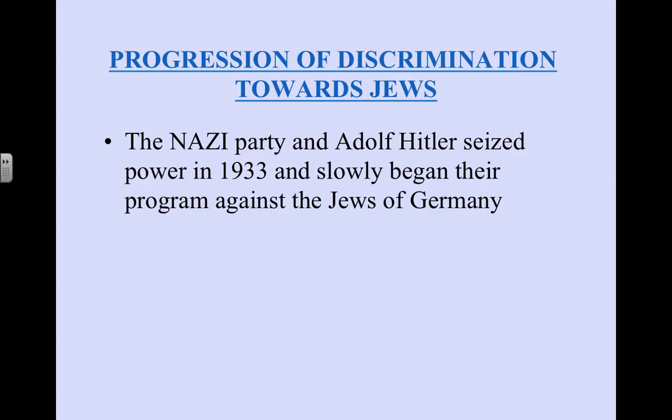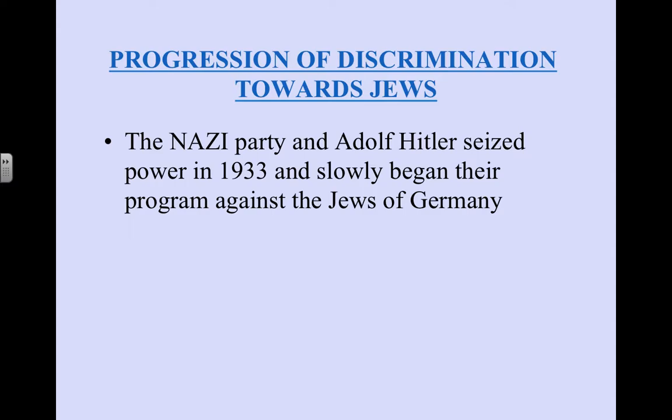So when I say progression of discrimination towards Jews, when I say discrimination, that means anything they did against Jews. In 1933, the Nazi Party and Adolf Hitler seized power and slowly began their program against the Jews of Germany. Hitler was very smart.